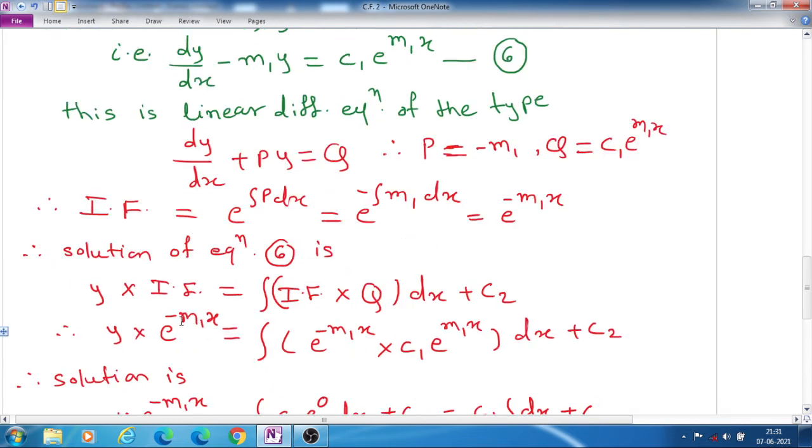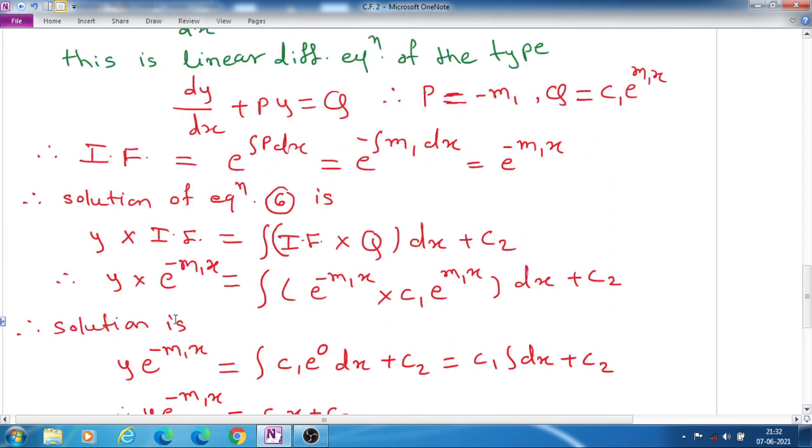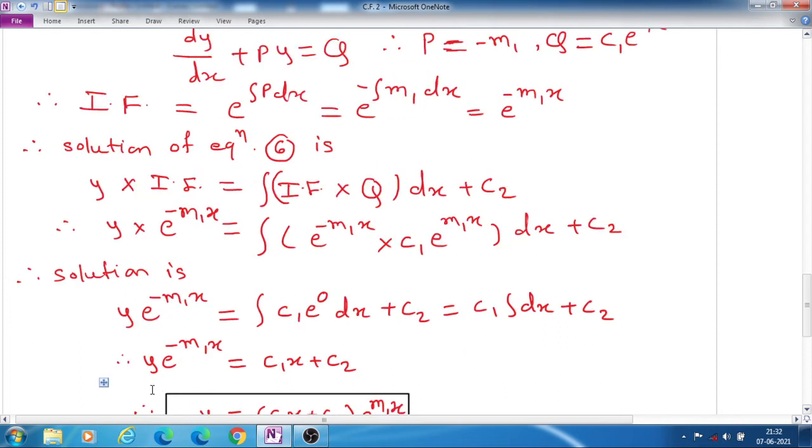Now the solution of the equation, we know the formula for linear differential equation: y into integrating factor is equal to integration of integrating factor into q dx plus c2. Therefore y into e raised to minus m1x is equal to integration of e raised to minus m1x into c1 e raised to m1x dx plus c2.